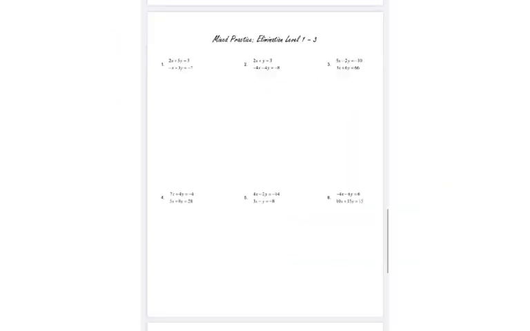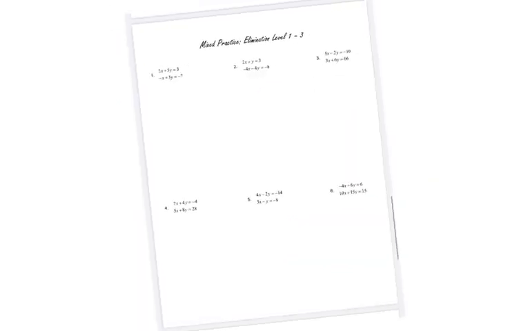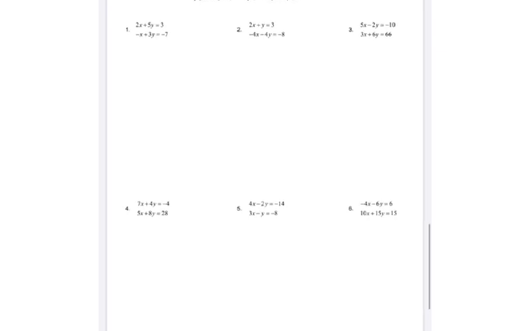Okay, so now you guys are going to practice. This is where you'd have to find a letter and make it cancel. So in number 1, I can multiply that whole bottom equation times 2. First equation gets to stay as is. Second equation needs to multiply times 2.